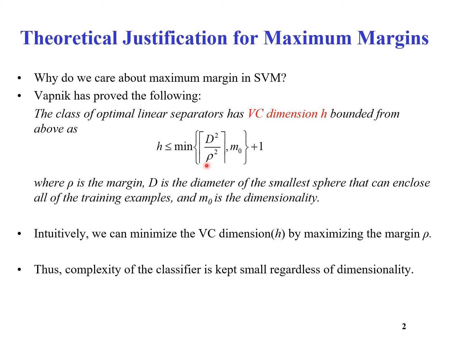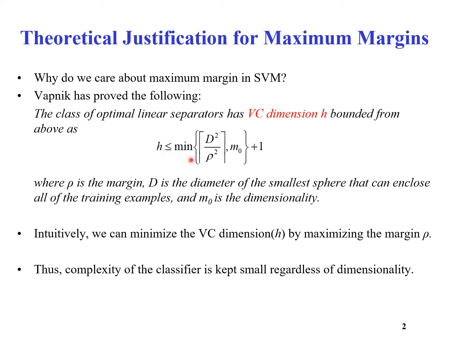So what matters is this rho, which is the size of the margin. If this rho margin goes up, then this value goes down, and that means this H goes down. So if this increases, this decreases. On the other hand, if the rho margin decreases, it's going to increase this, and you're going to increase this H as well.